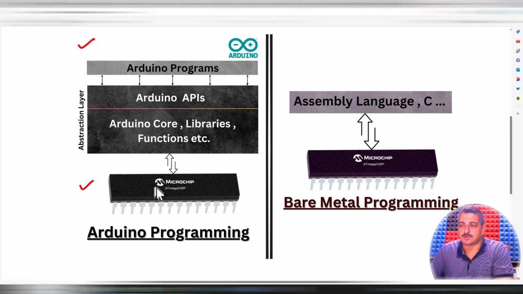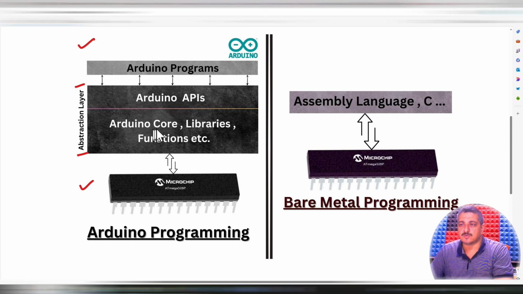And then on top of this microprocessor, we have this abstraction layer. Now in this abstraction layer, we get many different things like Arduino core, libraries, functions, and finally, Arduino APIs.